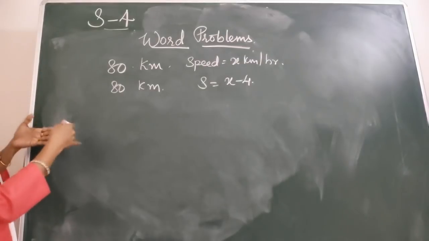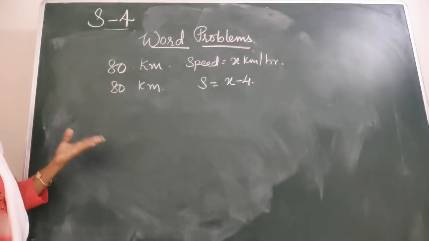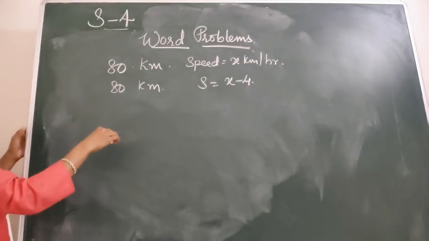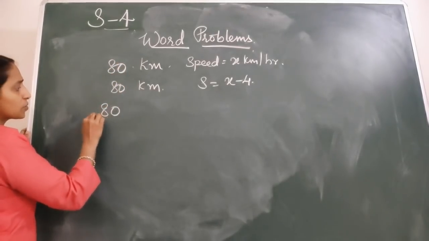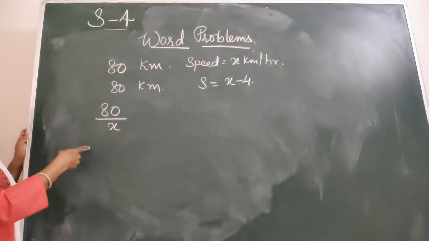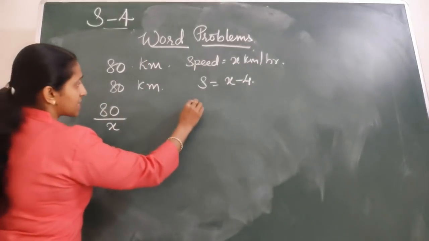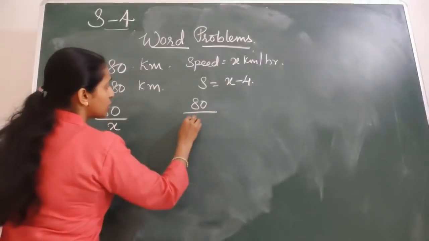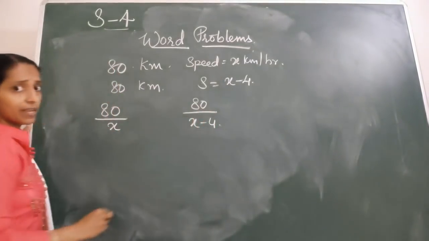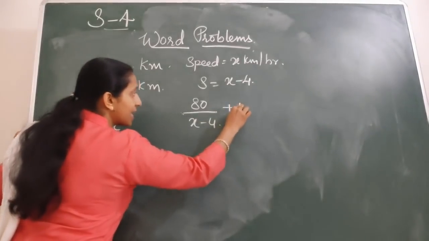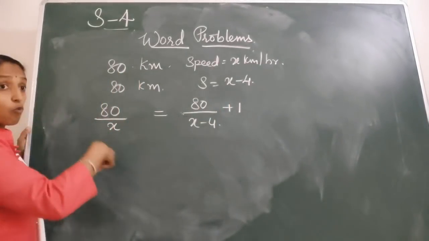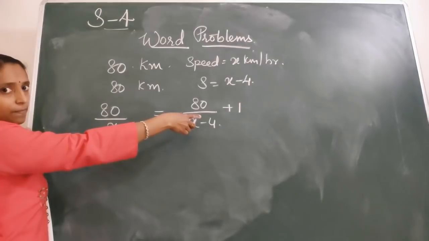So you can connect this in a different way. In the first case, the time taken will be distance upon speed. And the second case, time taken will be distance upon speed. And what is given? This one takes 1 hour extra. So this will be equal to 1 hour extra.